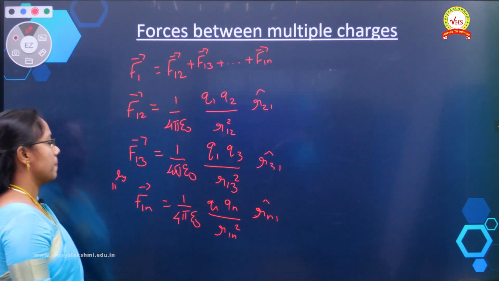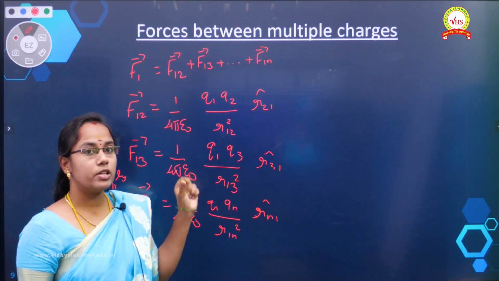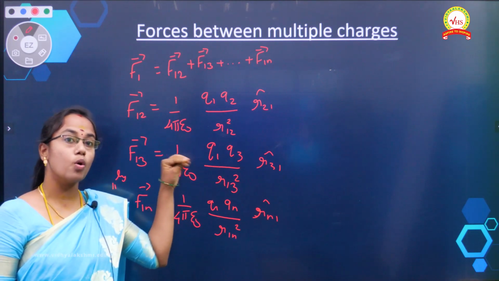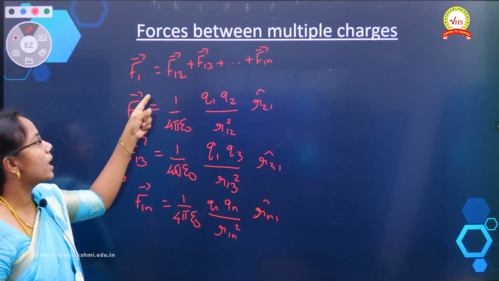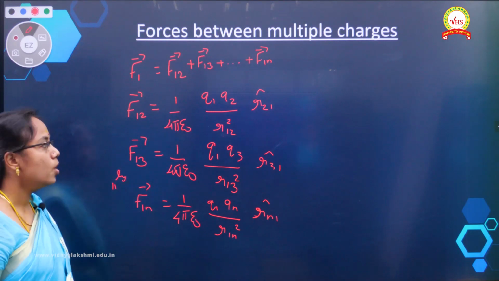These are the individual forces, but we wanted the total force acting on the first charge. For that we have to add the individual forces.